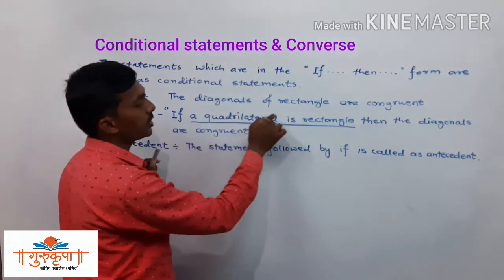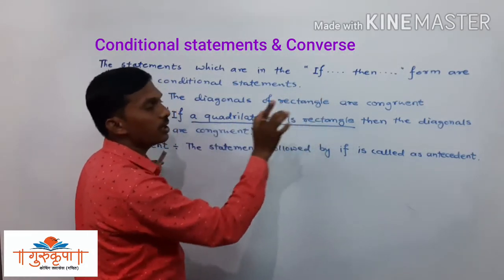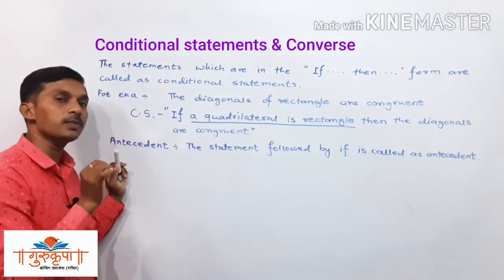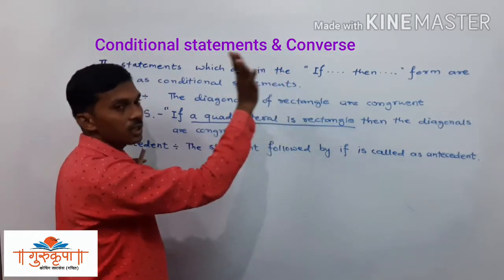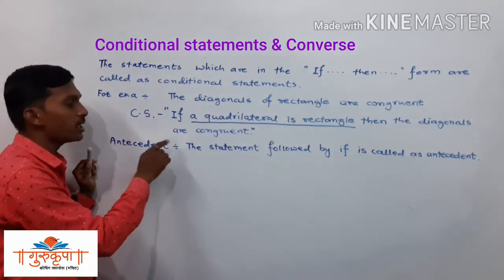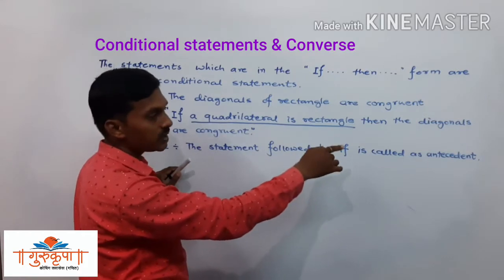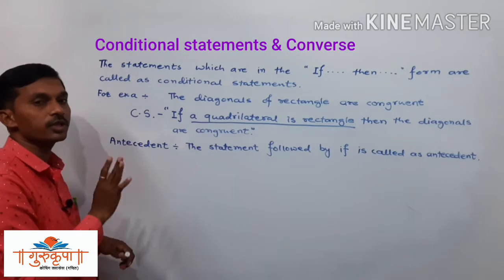So a quadrilateral is a rectangle, that is the antecedent. We can call it as given information also. The statement followed by if is called as antecedent, or you can say it as given information.